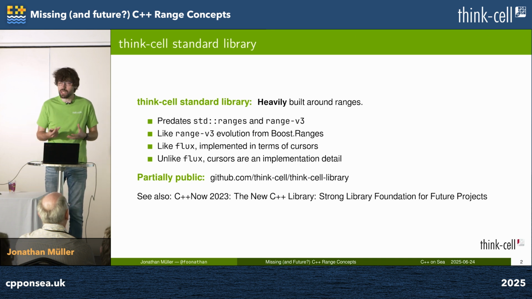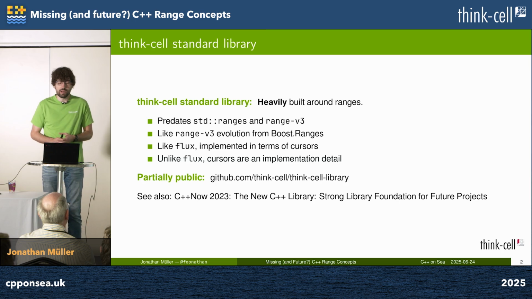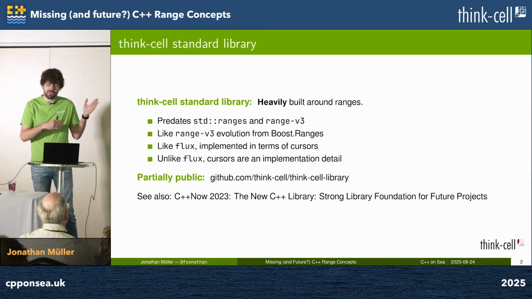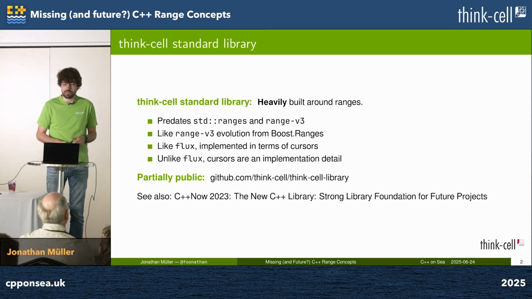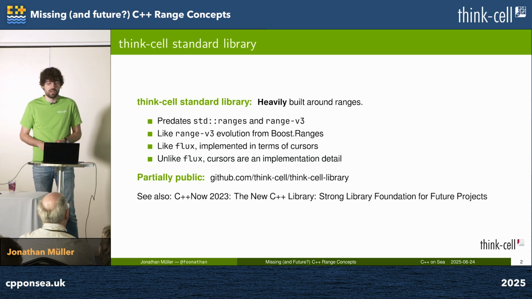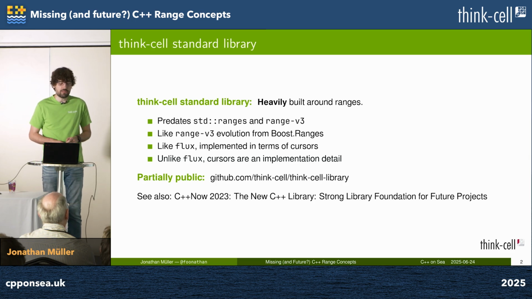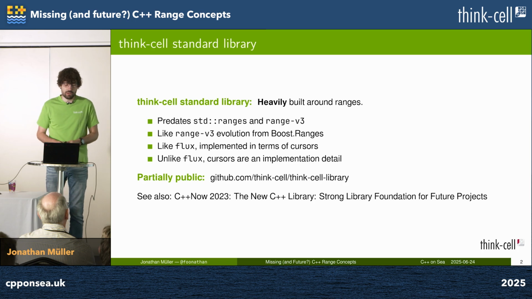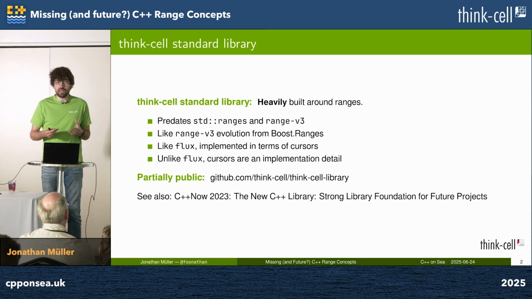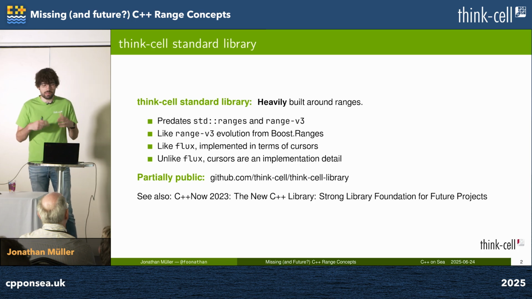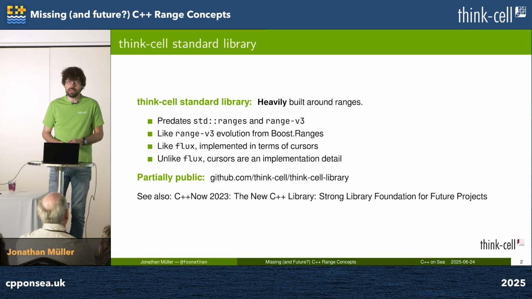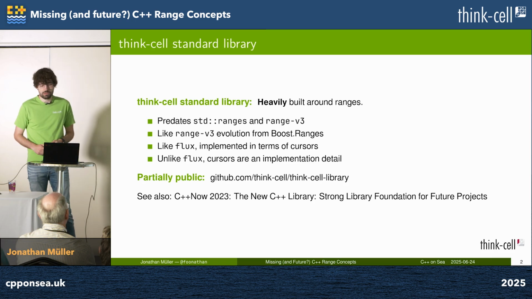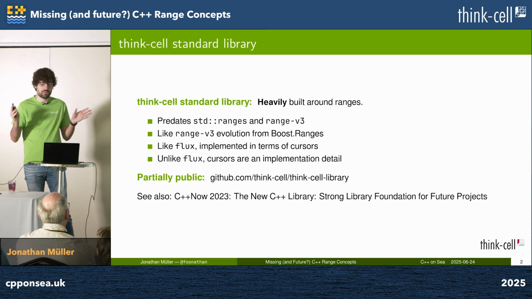So it predates std ranges and range-v3, and sort of started evolving out of Boost ranges, but now it's entirely different. It is similar to Flux in that we use cursors. I'm not sure if you're familiar with that. Not important for this talk. But unlike Flux, we use that only as an implementation detail, so the main interface is still iterators. It's partially public, and I already gave a talk about it 2 years ago at C++ Now to present some general principles.